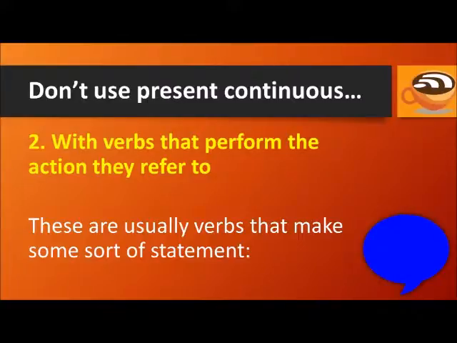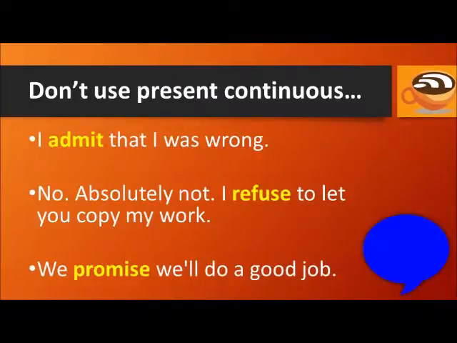We also tend not to use the present continuous with verbs that perform the action they refer to. These are usually verbs that make some sort of statement. For example, I admit that I was wrong. No, absolutely not. I refuse to let you copy my work.